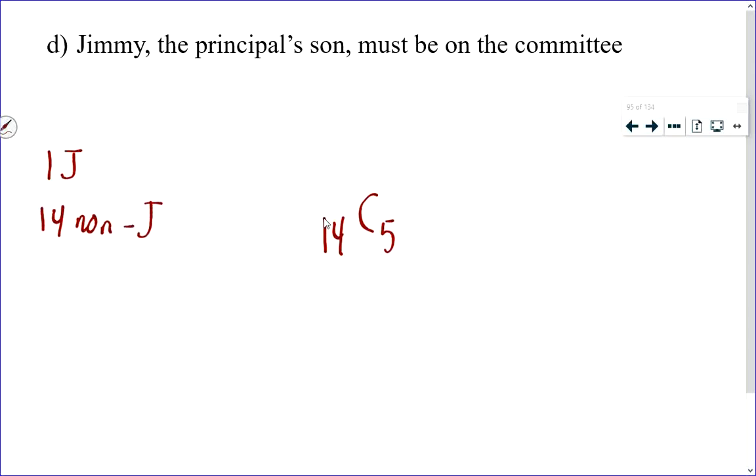I could do that. So if I want Jimmy and 5 other people, then I need to choose out of the 1 Jimmy available, I need to choose that 1 Jimmy. And out of the 14 non-Jimmies, I need to choose 5 to complete my selection of 6. 1 choose 1 is 1.